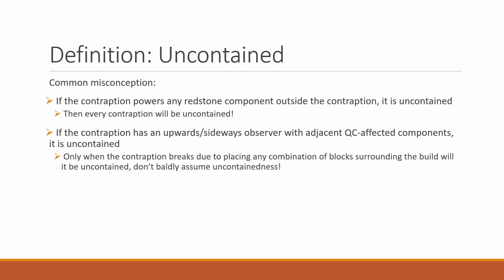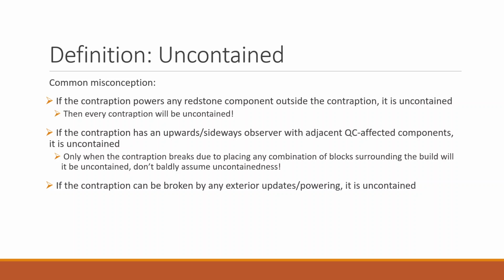And the last misconception is that if the contraption can be broken by any exterior updates or powering, it is uncontained. Now, this is basically the principle that I've just mentioned in the first misconception, which is that contraptions are actually not supposed to handle any exterior updates or powering or exterior updaters. Here shown.